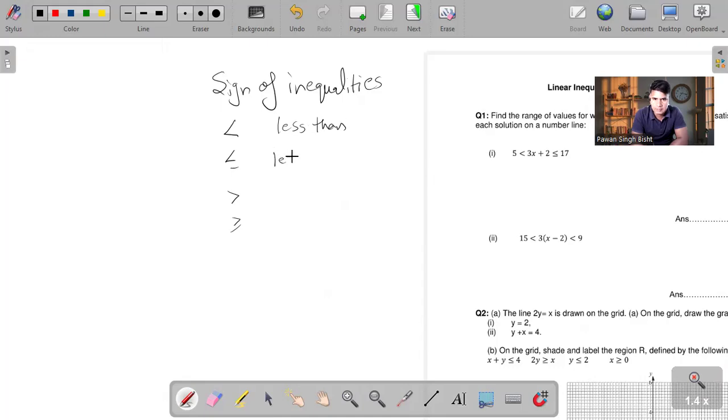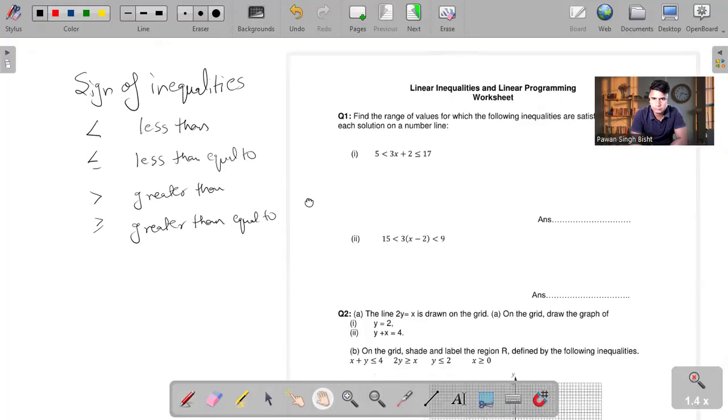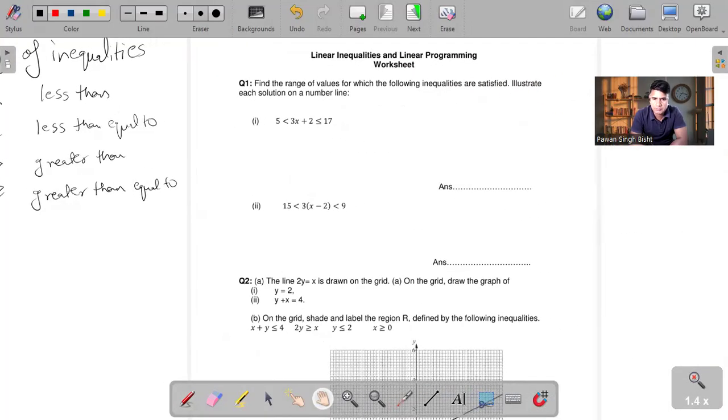This is called less than equal to. This is greater than, and this is called greater than equal to. Right? Okay.